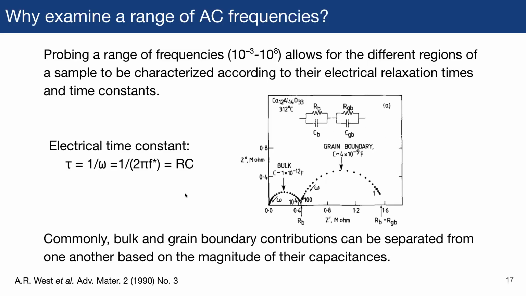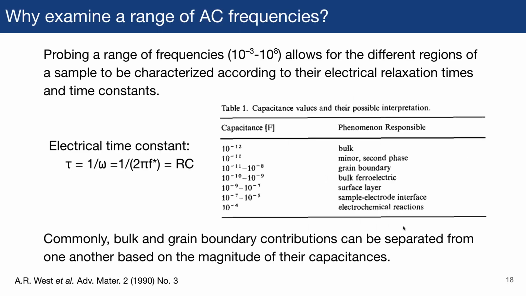And so in this process with EIS, we can separate out bulk and grain boundary contributions to ionic conduction through our system based on the fact that they have very different capacitances and their time constants end up quite different. So different frequencies will probe them more or less.